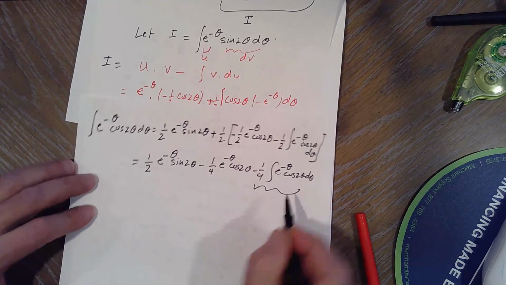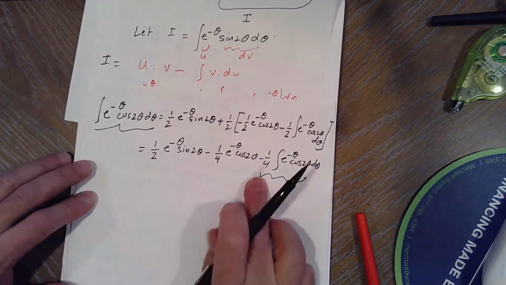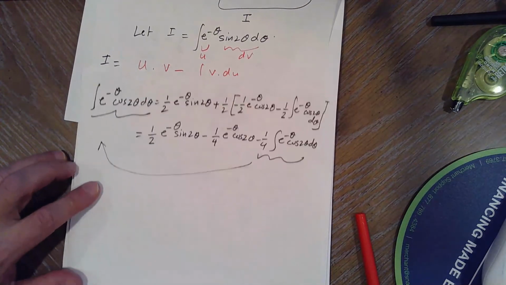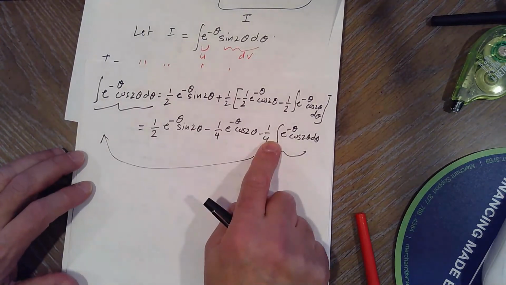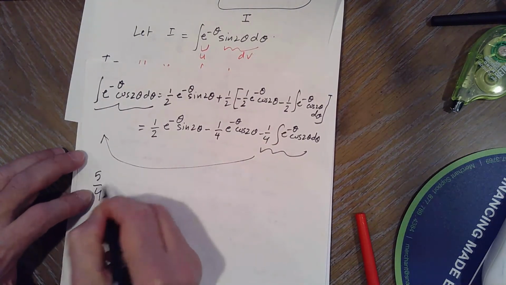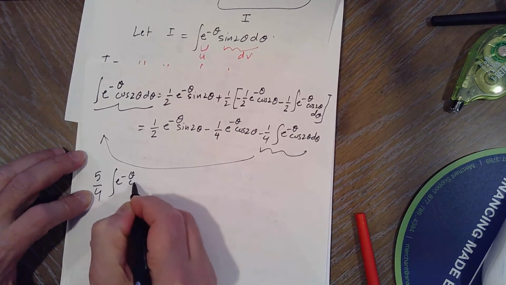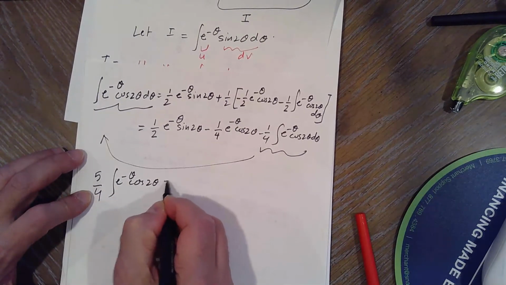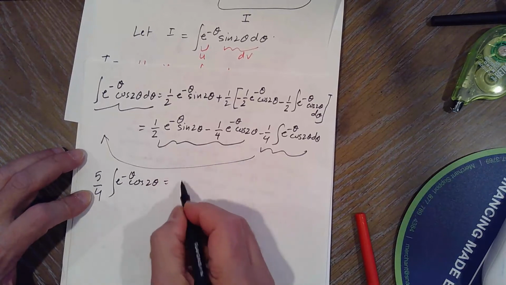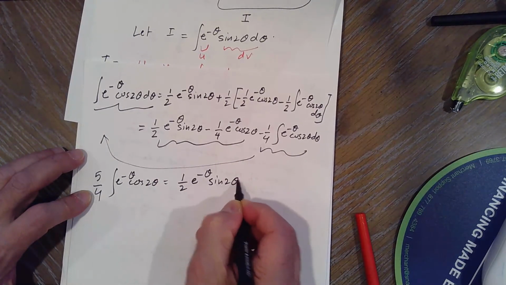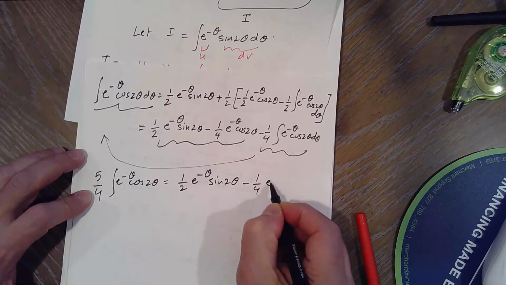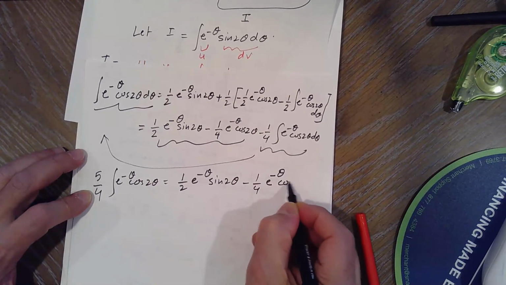You know, this guy is the same as this guy except for the constant. So if we add 1/4 integral of that, we get 1 plus 1/4, which is 5/4 integral e to the negative theta cosine 2 theta equals all this guy, 1/2 e to the negative theta sine 2 theta minus 1/4 e to the negative theta cosine 2 theta.